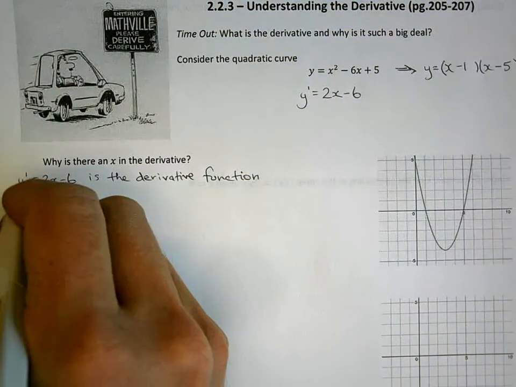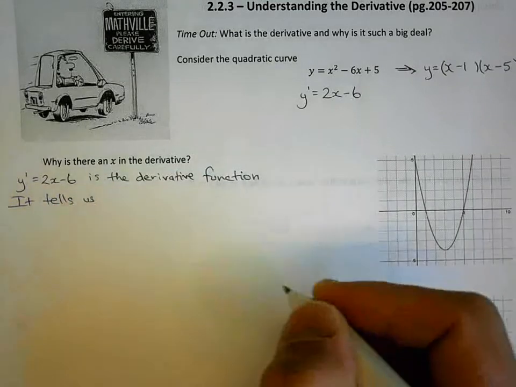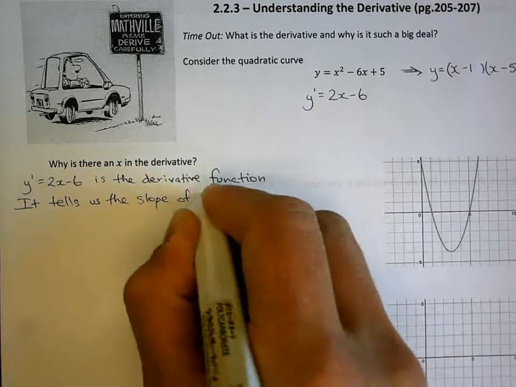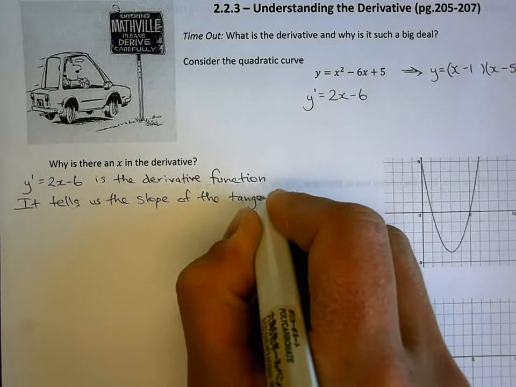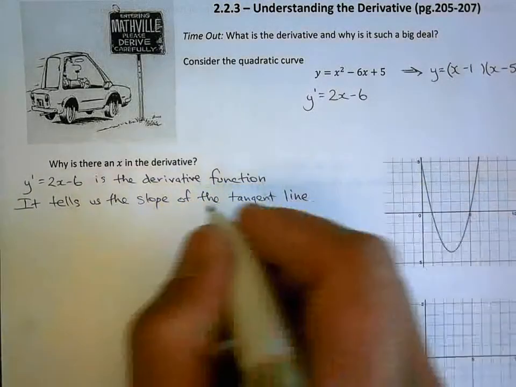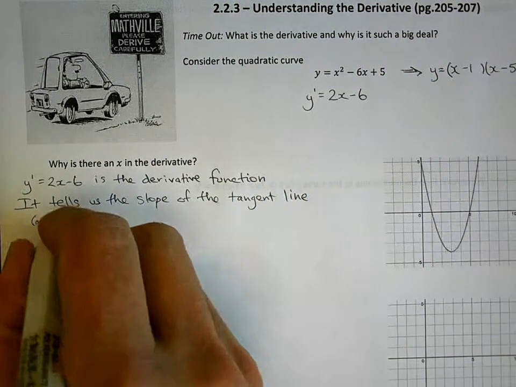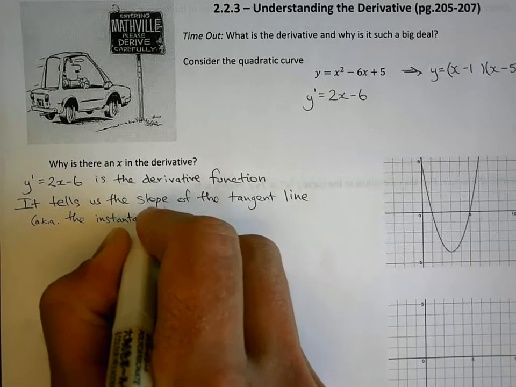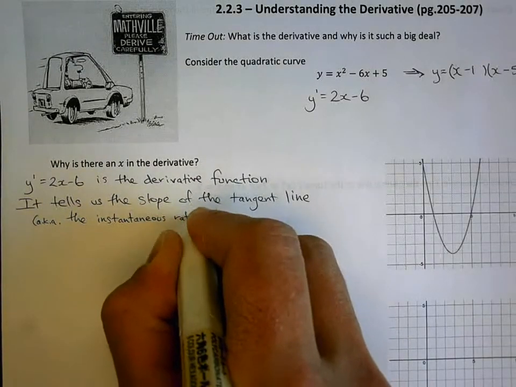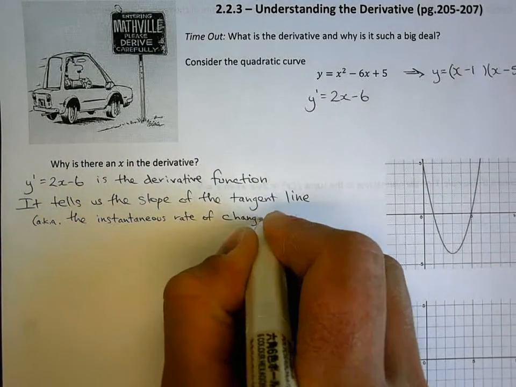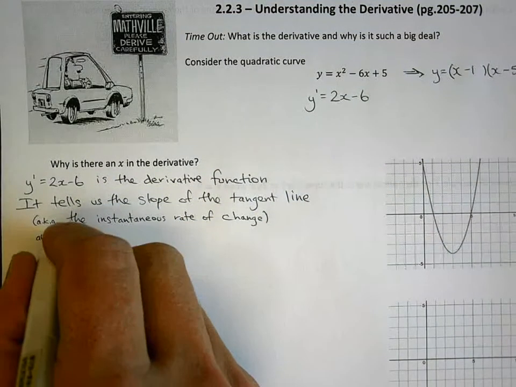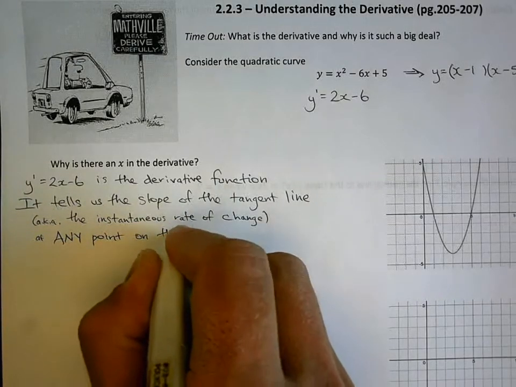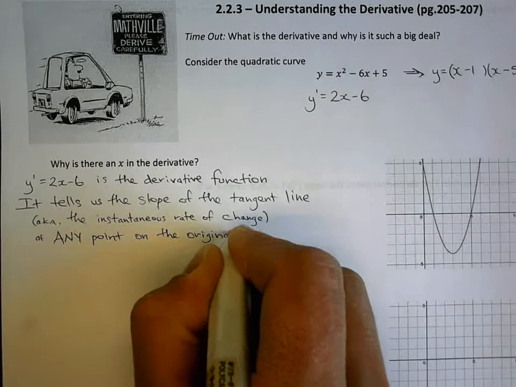It tells us the slope of the tangent line, also known as the instantaneous rate of change, at any point on the original function.